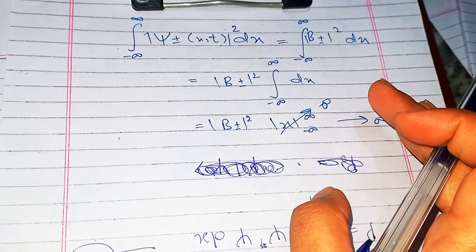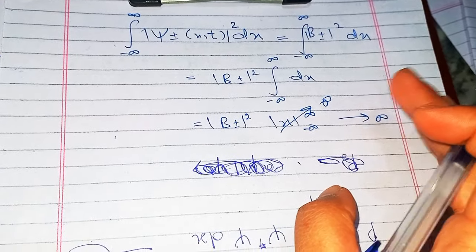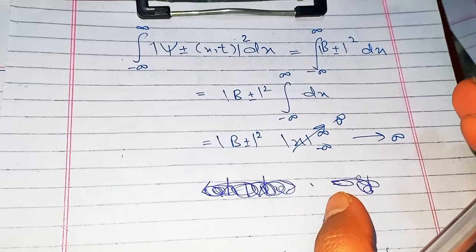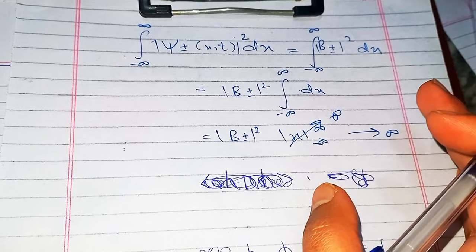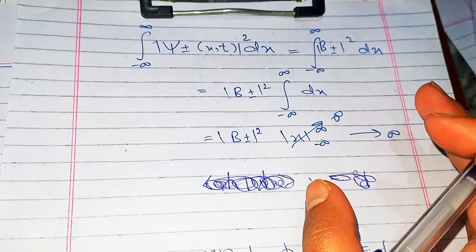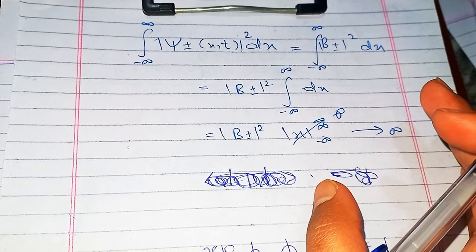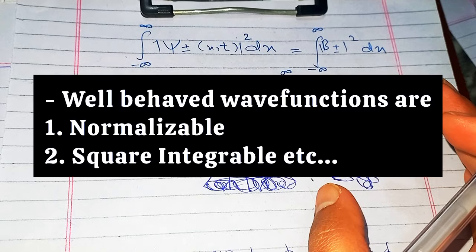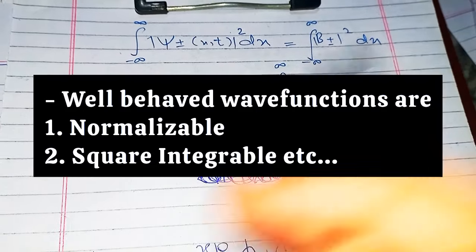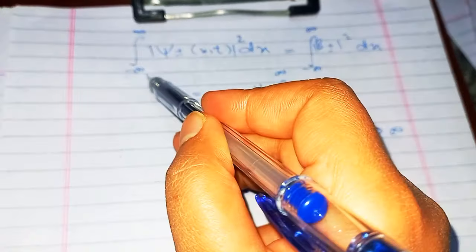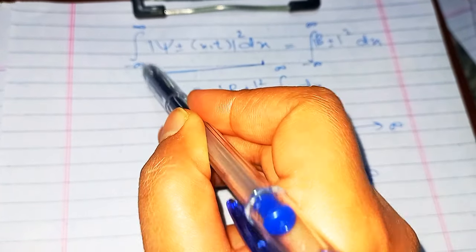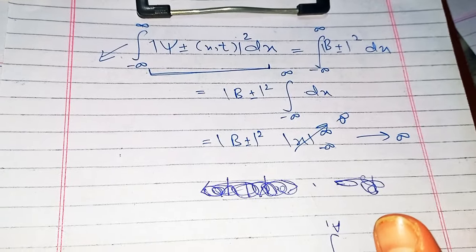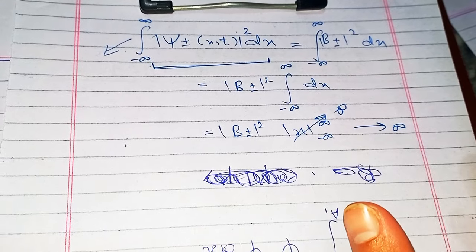When we consider wave functions in Schrödinger's equation, we have developed some rules for well behaved wave functions, and one of them is that they can be normalized and they are square integrable. Square integrable means that the integration of the normalization condition is not infinity but some positive real value.